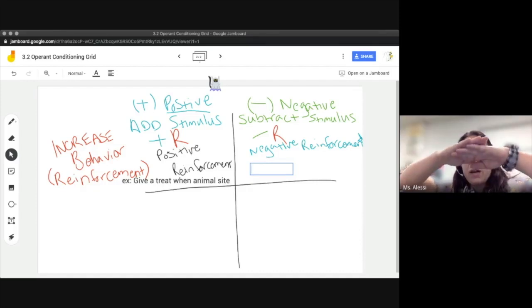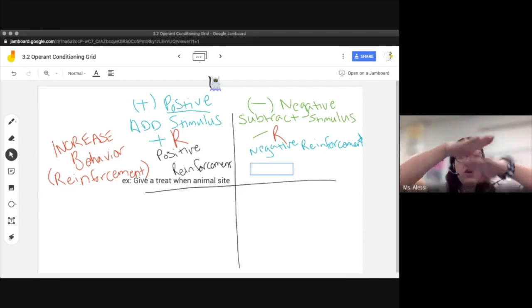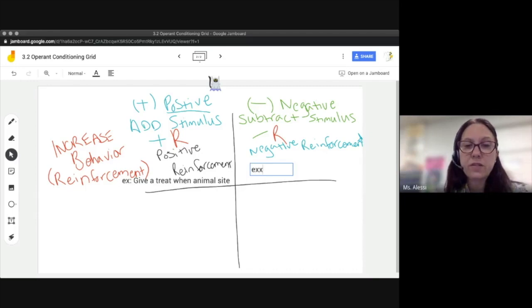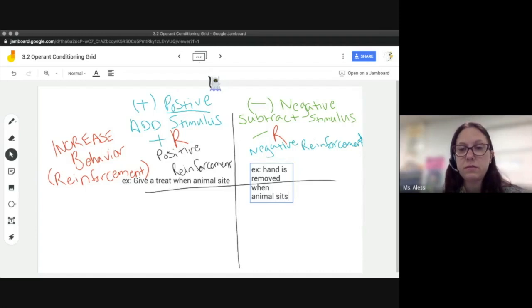Is your hand continuing to move down with it? In an ideal world, no. Your hand pushes, then that causes the rump to move down. As soon as the rump's down, it's no longer in contact with your hand, but it's sitting down. So you're encouraging that behavior. The animal is able to get rid of that stimulus and sit. So that's the example: hand is removed, animal sits.